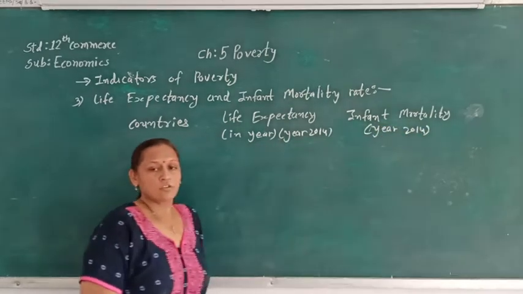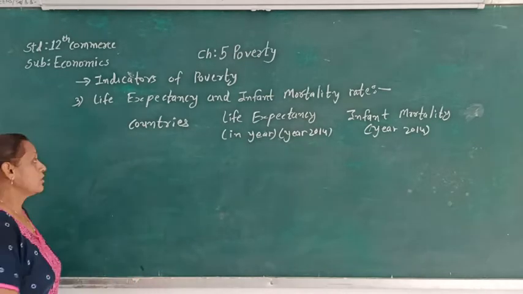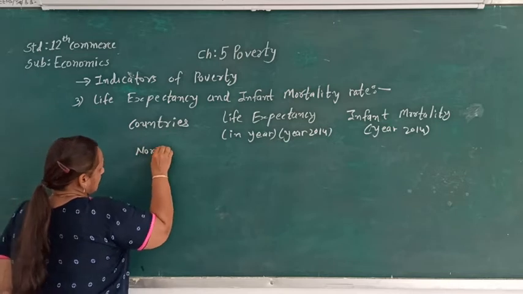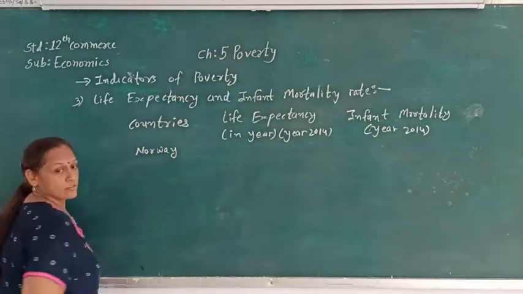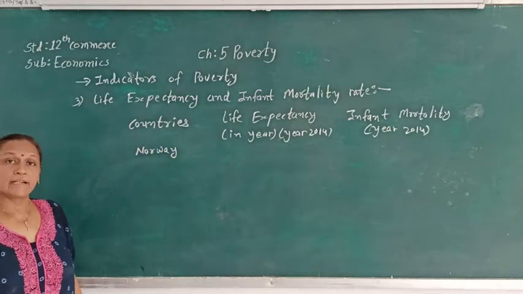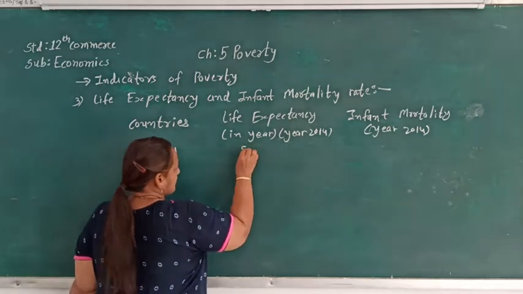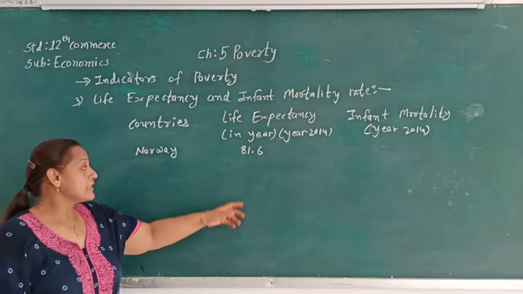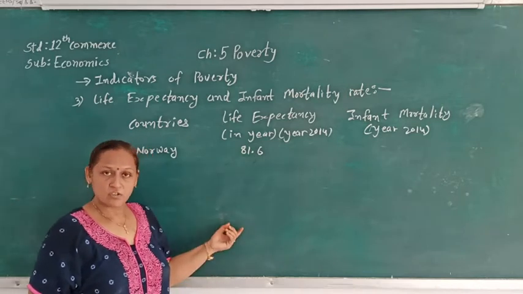Okay. So let's see Norway. Norway is the country where people are expected to live on average 81.60 years. 81.6 years is almost 82 years.